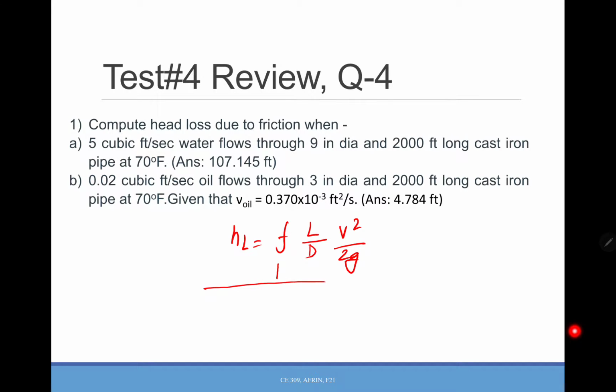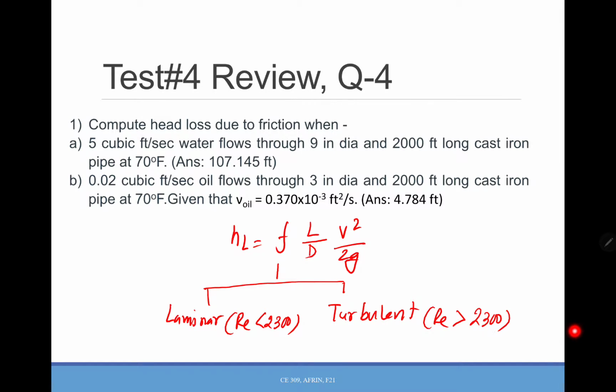Now for the friction factor, you know it's different for laminar and turbulent. The question is, how can you identify whether the flow is laminar or turbulent? So Reynolds number less than 2300 is laminar, Reynolds number greater than 2300 is turbulent.